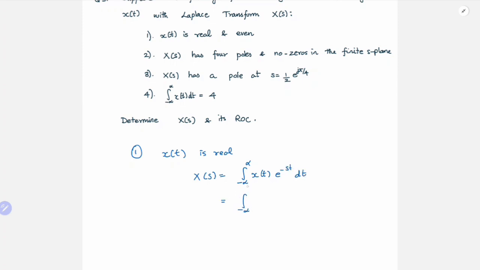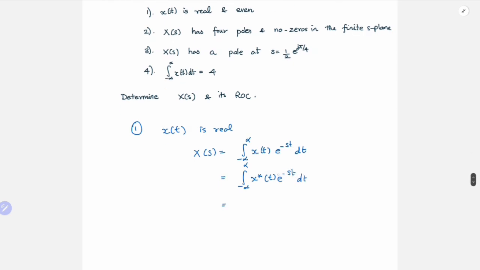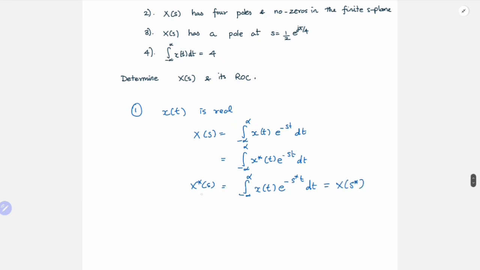So if I substitute it with x star of t, and if I want to take the star outside, I just do this: x of t e power minus s star t dt. So this is equal to x of s star. So my x of s is equal to x star of s star.